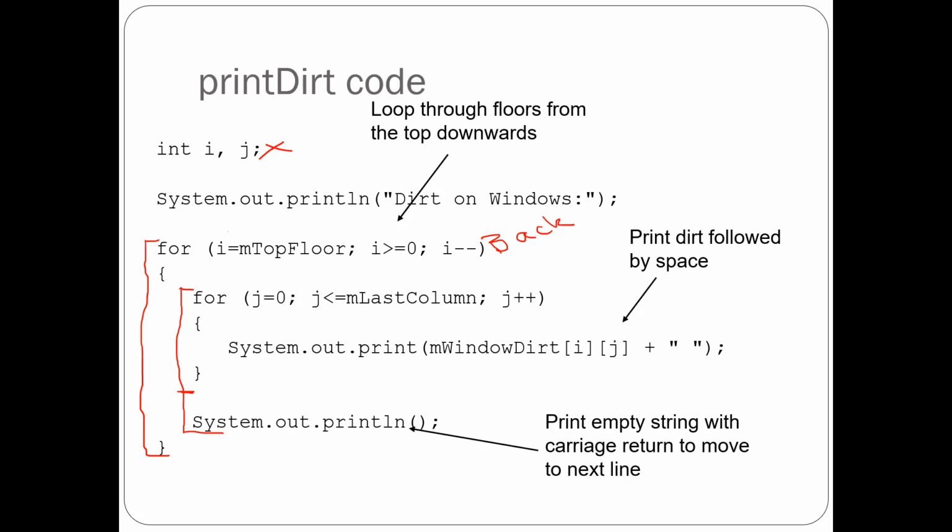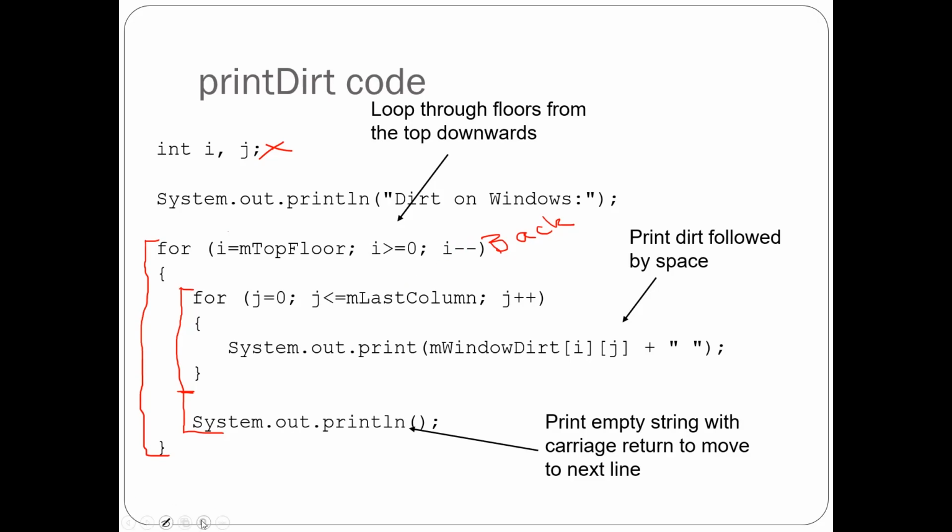Now, if you remember from the last lecture, when we created 2-dimensional arrays manually, it was actually creating the array upside down. We can fix that by going through the array backwards, like we've got in this example, because we're going from top floor, which will be the highest, and keep going as long as the value of i is greater than 0, i.e. it's not at the ground floor, and we're going backwards.